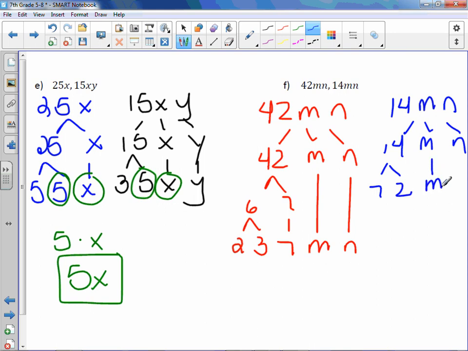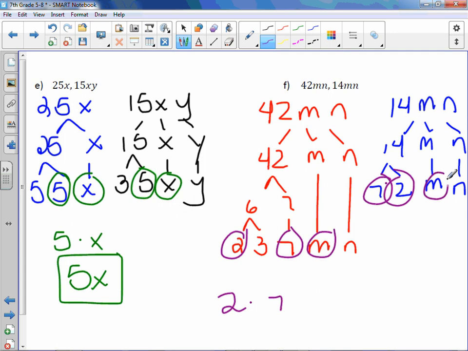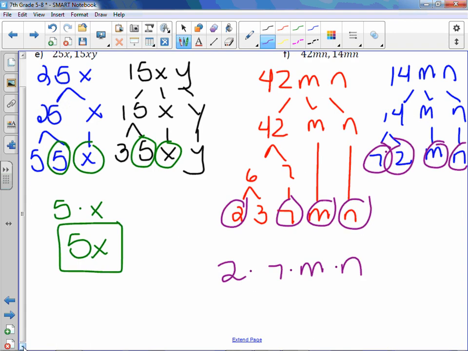Bring down the m, bring down the n. They each have a 2 in common, a 7 in common, an m in common, and an n in common. Multiply those together. 2 times 7 is 14, so 14mn is the GCF.